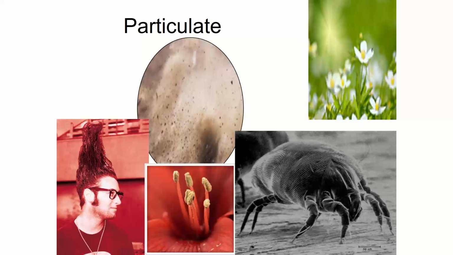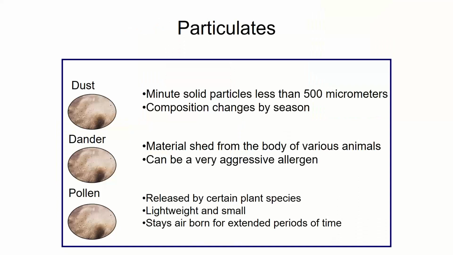So this is larger pieces of debris floating around. There are 3 major categories of that. There is dust, which, grossly speaking, is a pretty decent quantity of dead skin cells flaking off people's bodies, plus whatever other crap's in the air. We have dander, which is the stuff shedding off of animals if you have pets, or if it's a pet store or something like that.